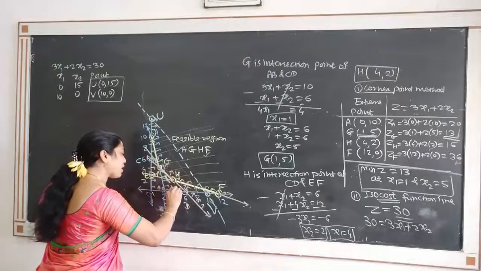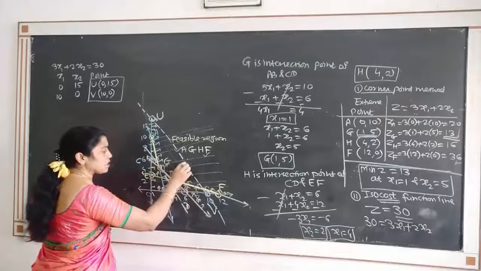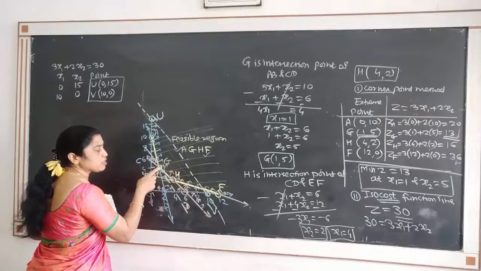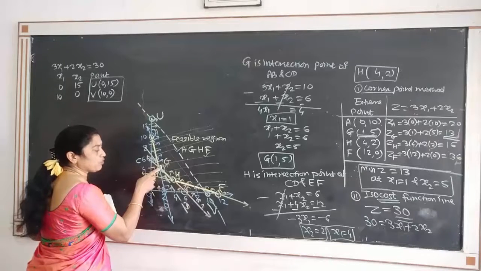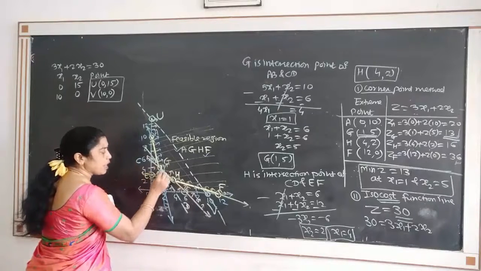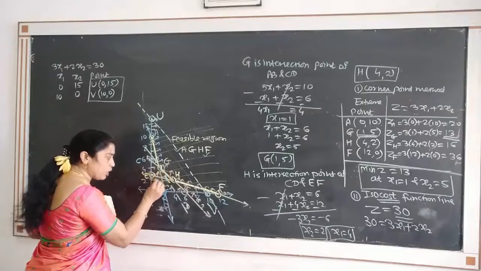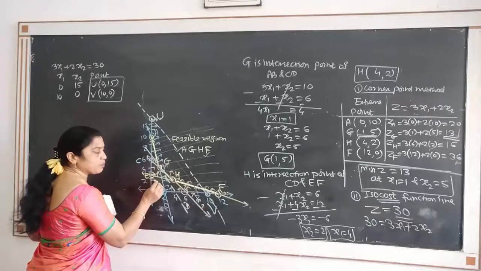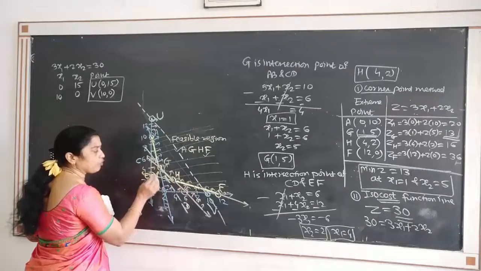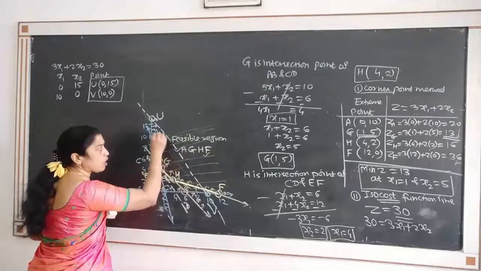The line which is parallel to this line and passes through extreme point of feasible region is this line. If you try to move below again, there will be no feasible region corner point, and therefore you have to stop here.